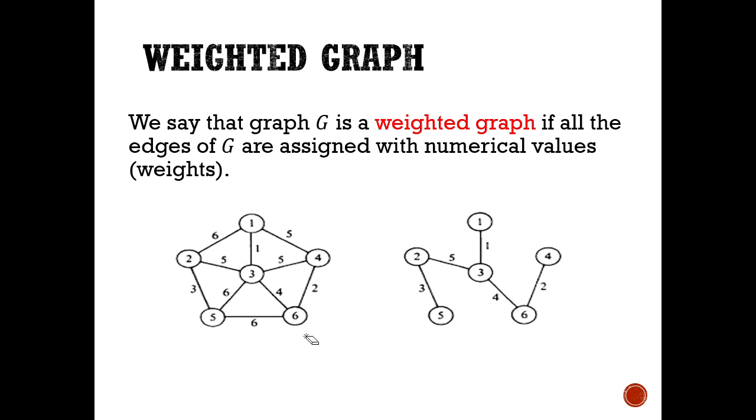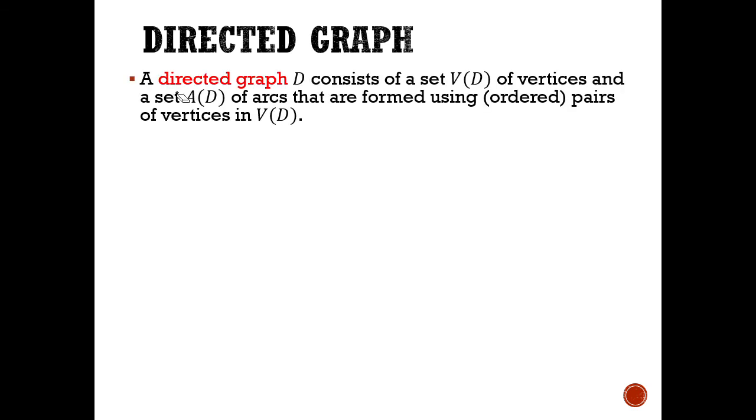So far we have discussed relations that are two-way. What about relations that are one-way? For relations that are one-way, we have the so-called directed graph. A graph D is directed if it consists of vertices V of D and arcs. So instead of edges, you have arcs. So the arcs have arrows, so you can tell the starting point and the destination.